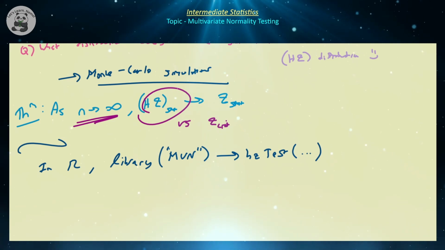So either you can use this library in the R world, or you could do Monte Carlo simulations to simulate this HZ test statistic with eta 1 and eta 2, for example, being dependent on, say, M, or D, I mean, and D being your quote-unquote degrees of freedom, I guess you could say. Or you could build your own test statistic on multivariate normality, but you just have to be very, very clever that it is actually testing what you set out to test, right?